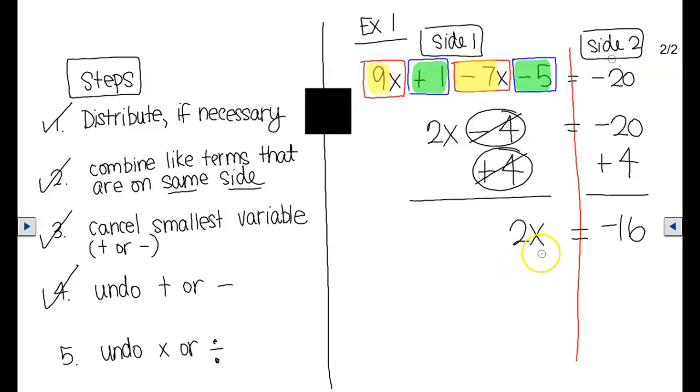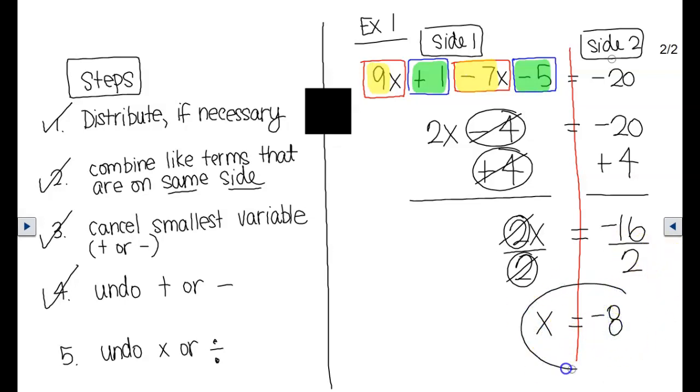That means I am multiplying x by 2. So the opposite of multiplying by 2 is to divide by 2, which I show with my division bar. So I'm going to divide by 2 on both sides. My multiplying by 2 and my dividing by 2 are opposites and cancel each other out. So I have x equals, then negative 16 divided by 2 is a negative 8.